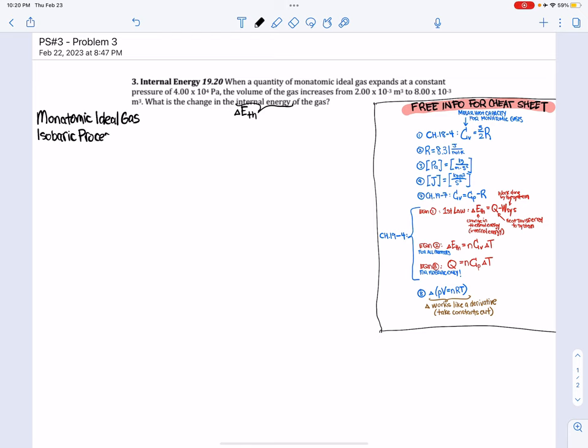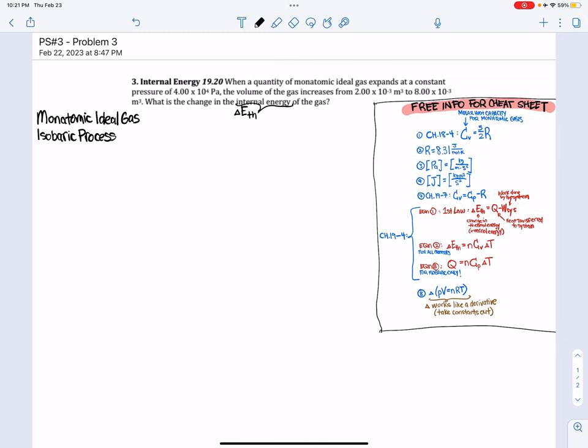right? And that is just a really weird way of saying that the process from state 1 to state 2, or the initial state to the final state, had constant pressure. Pressure did not change throughout the path between states, okay? What else do we know?